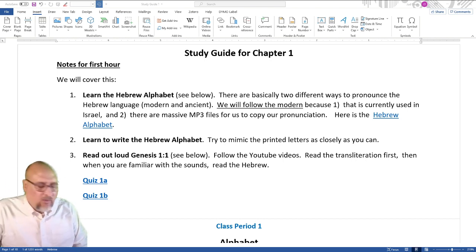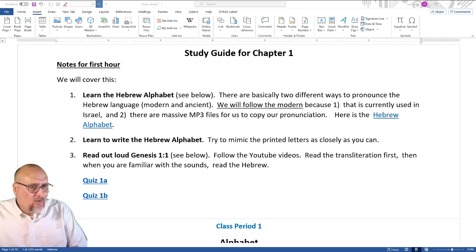So the rule that you want to follow is try to make your handwriting look like the printed text as closely as you can. But realize that when this was written, it was written by a left-handed person. All ancient languages were written by left-handed people. It's designed to be written by a left-handed person.